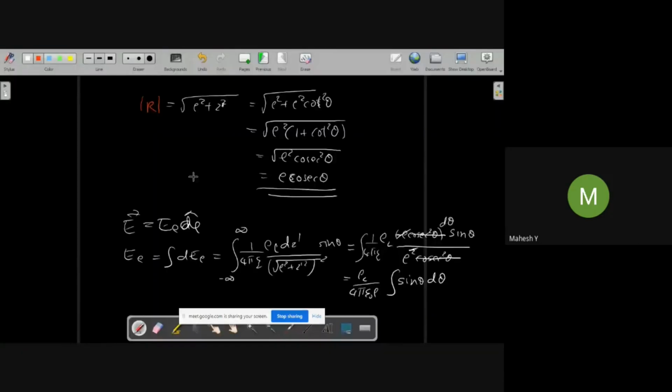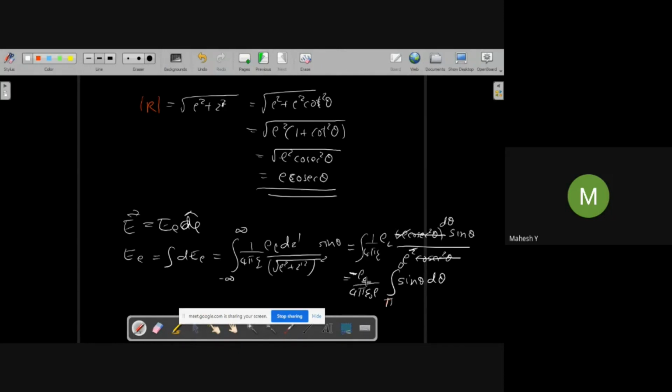So we'll do that integral now. Pi to 0 sin theta d theta. Can you find there is a minus sign that is missing here? So put minus here.